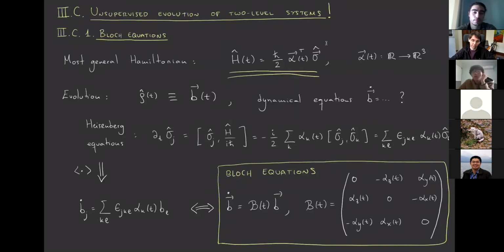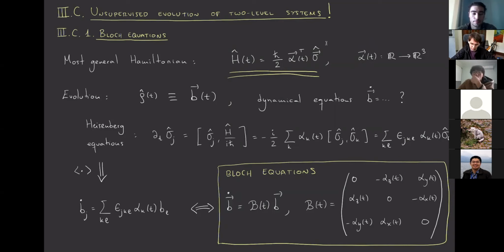Then what we saw is that the Schrödinger equation or the Heisenberg equation, so quantum dynamics, is equivalent to an evolution equation for the Bloch vector, okay? And in particular, it's an evolution equation that is especially simple because it's a linear equation, just like the Schrödinger equation is linear.